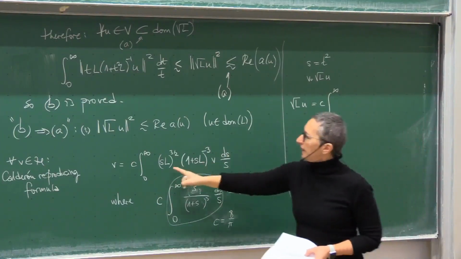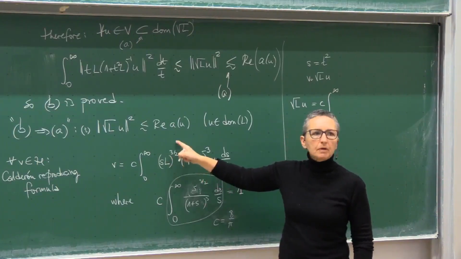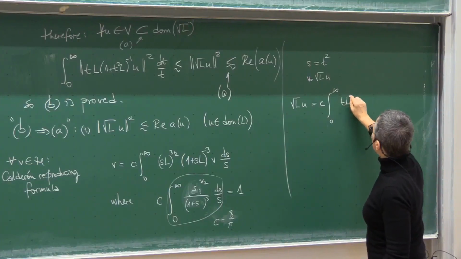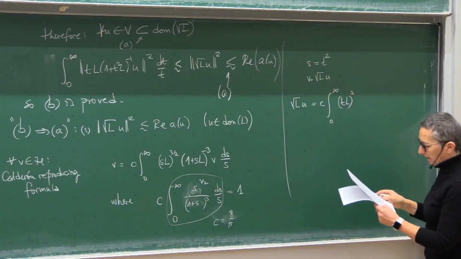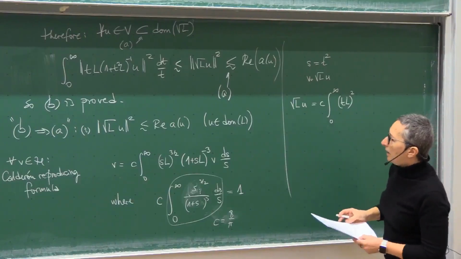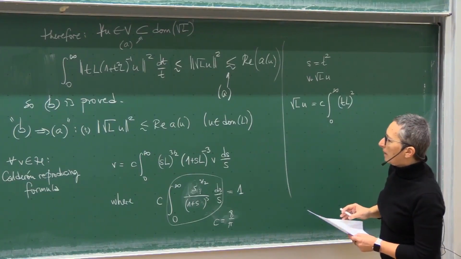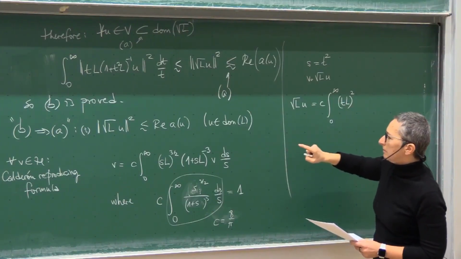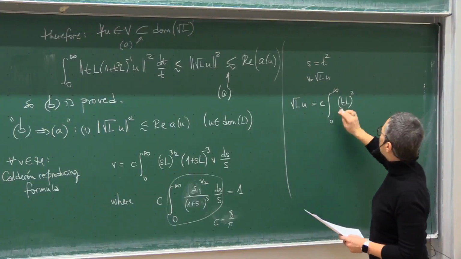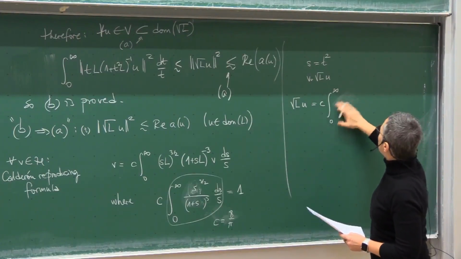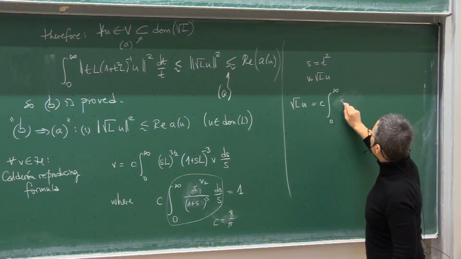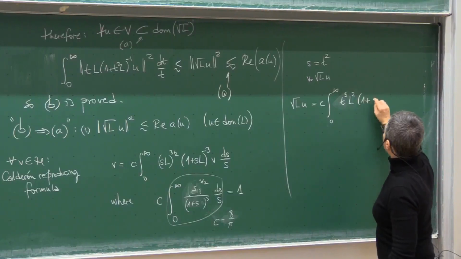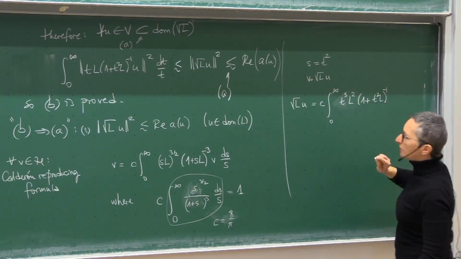Here I have L to the power 2, and s is t squared, so I have t to the power 3, an L squared, sorry, a 1 plus t squared L to the power minus 1.